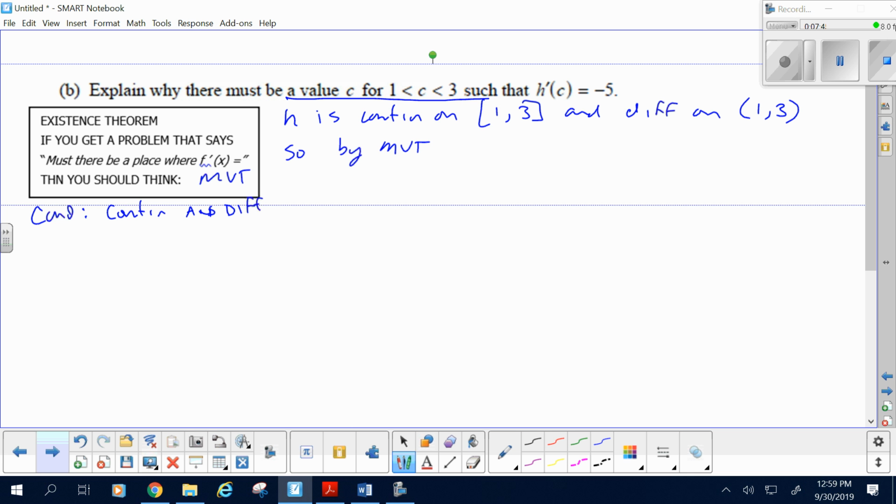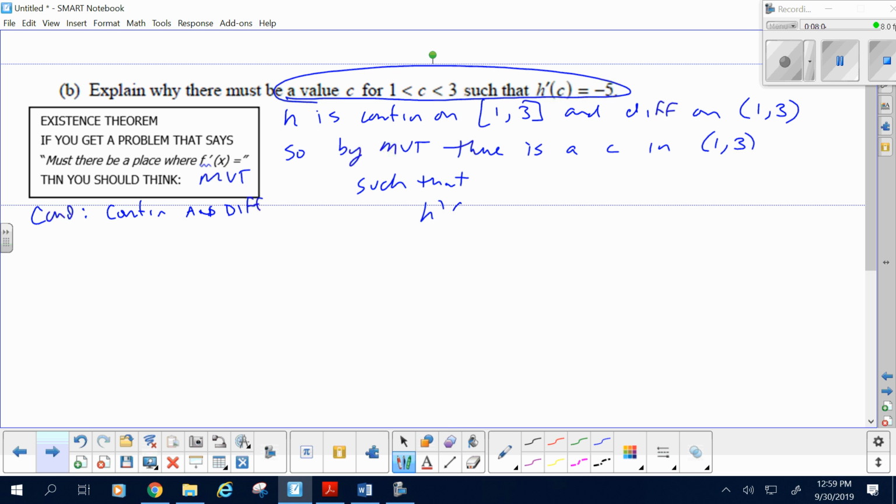I kind of get into their question here, rephrase their question back at them. Does there have to be a C, blah, blah, blah. So by MVT, there is a C in 1 to 3 such that, and then I hope and pray that this actually works out. By the MVT, what is it? H prime at C equals the instantaneous rate of change equals the average rate of change.